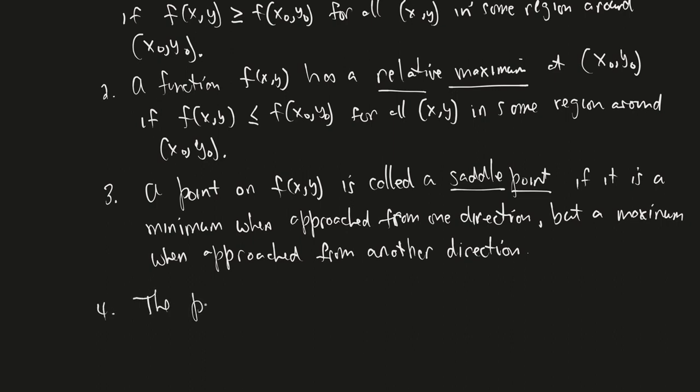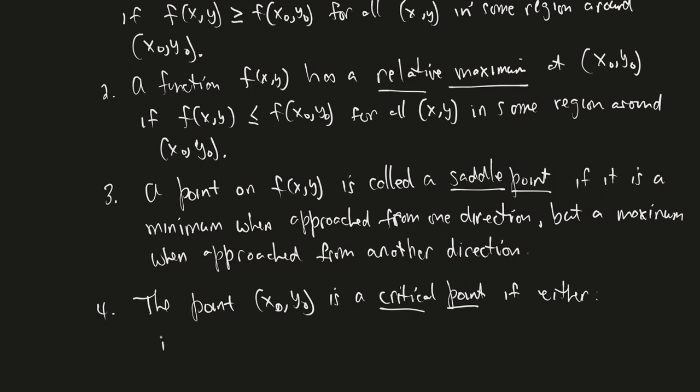So the point x0, y0 is a critical point if either one of two things happen.